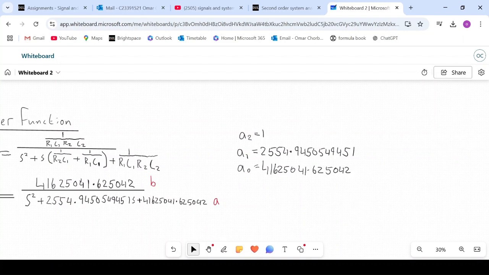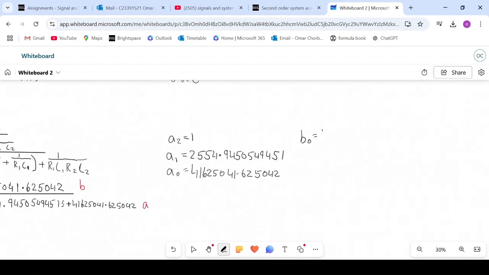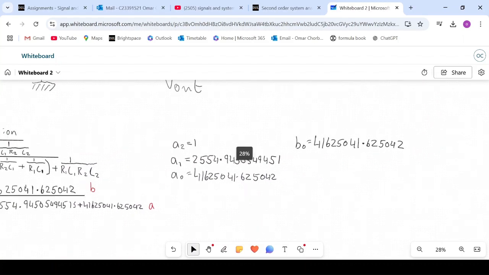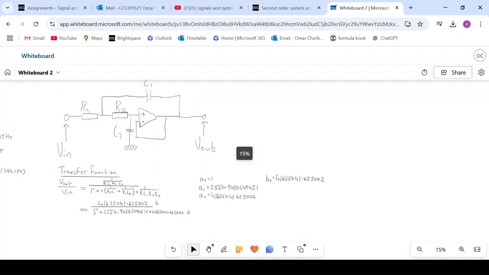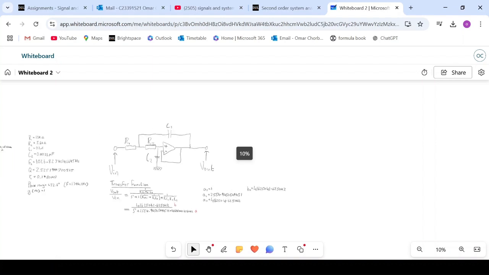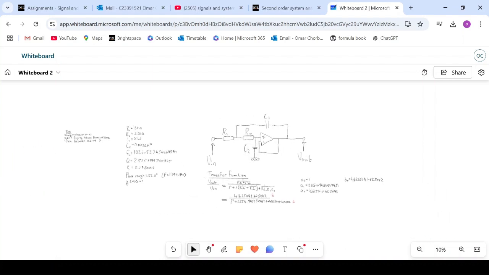So they're the A and B coefficients, and this will be for when we use Matlab. That's all the calculations that we did.